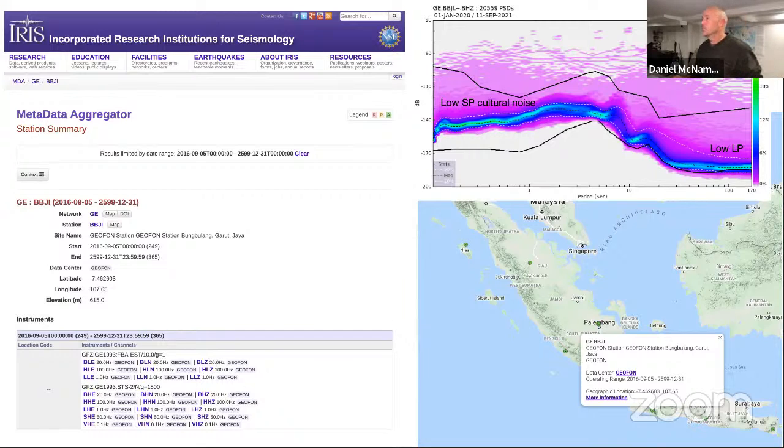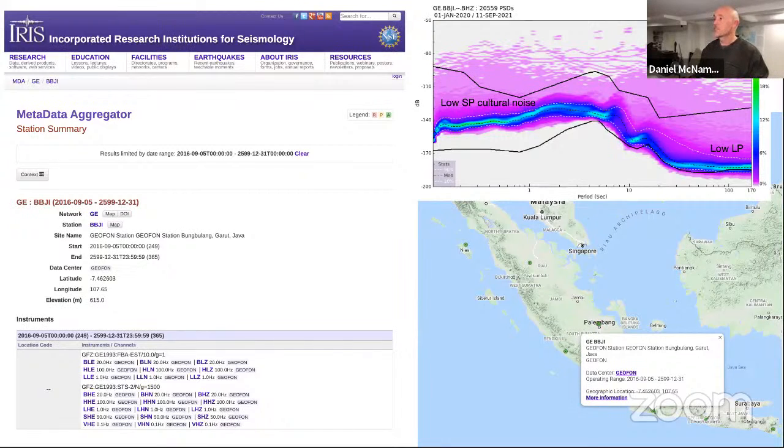BBJI. This one looks really good, I have to say. Again, it's an STS2. We're looking at the BH channels. It's interesting how much lower the microseism peak is here. I don't quite understand why it would be so low, given that it's so close to the ocean, but it is. It also has very low long period energy on the vertical component, and relatively low short period cultural noise.